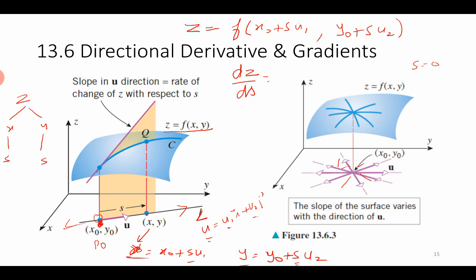If you find a plane built on the line given, the plane intersects the surface z and creates a curve, and at this curve there is a tangent. The slope of this tangent line at this point is the physical meaning of the directional derivative.